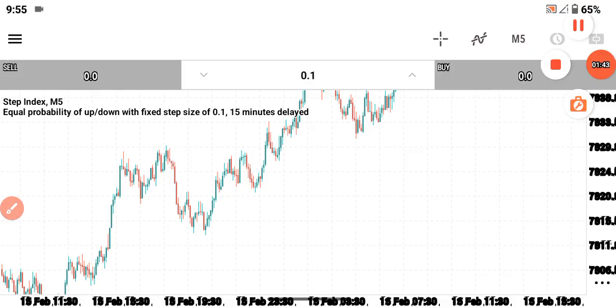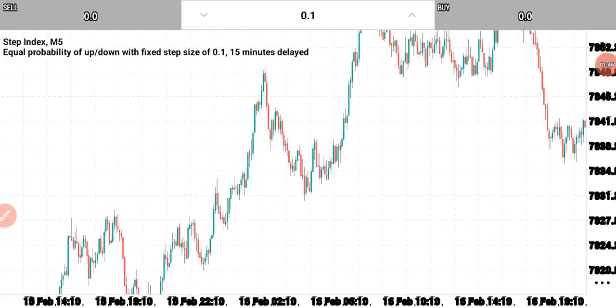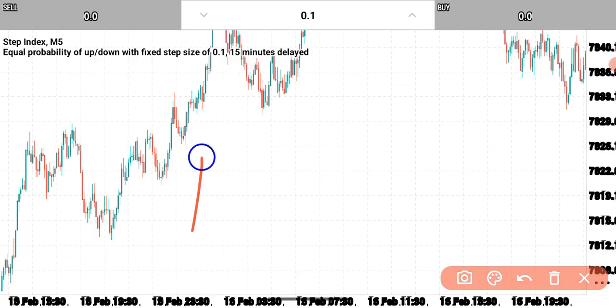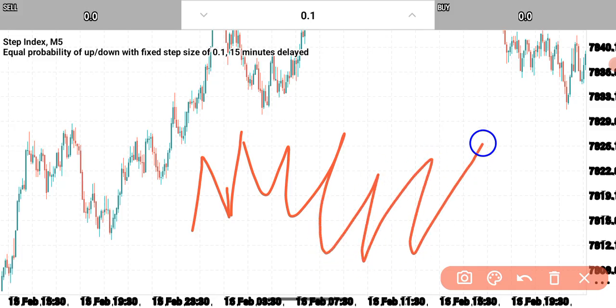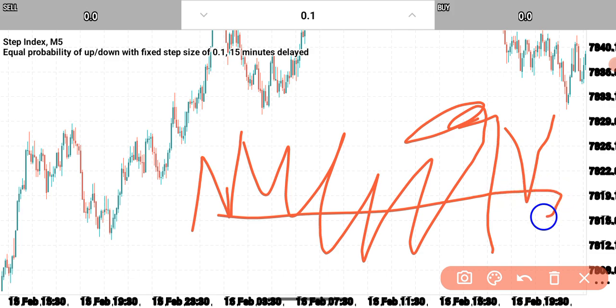Now let me comment. So yes, when we talk about the multi-structure strategy, we're talking about a structure that was drawn, and despite all of the other movement the market would make, the structure came back, did the same thing, and then would be traded.